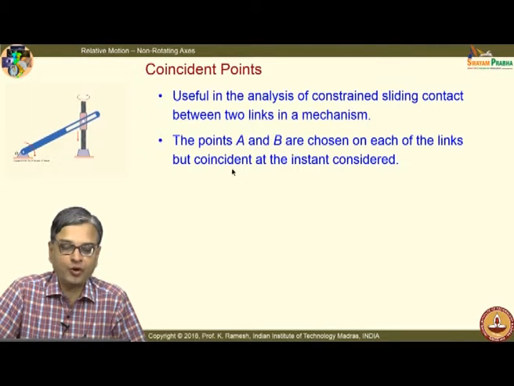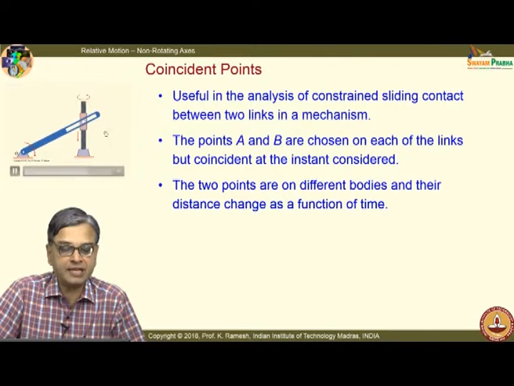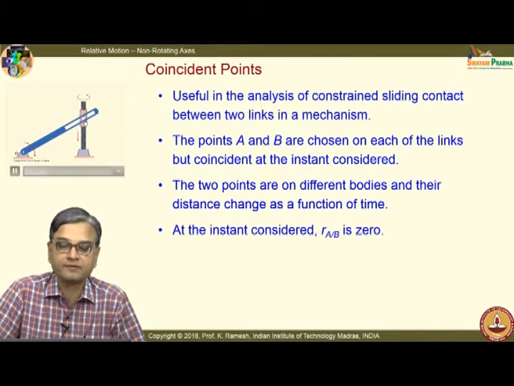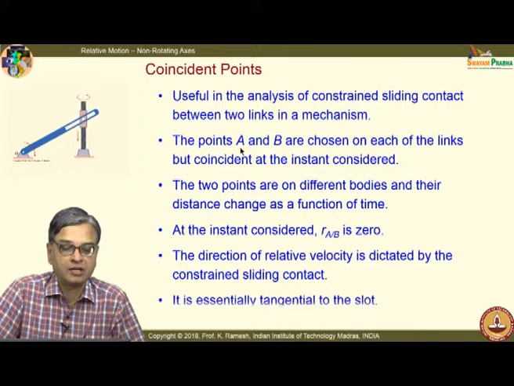So, I have 2 points A and B. We have labeled B as the point on the collar and A as a fictitious point on the slotted link.